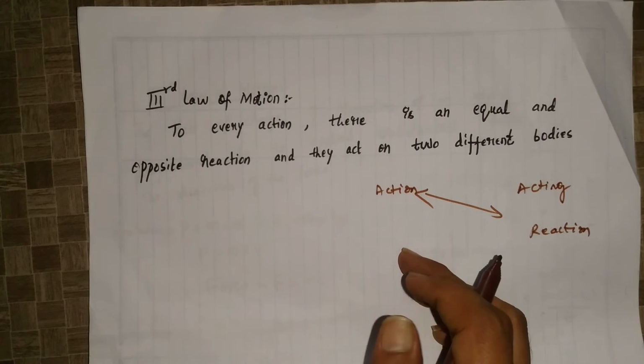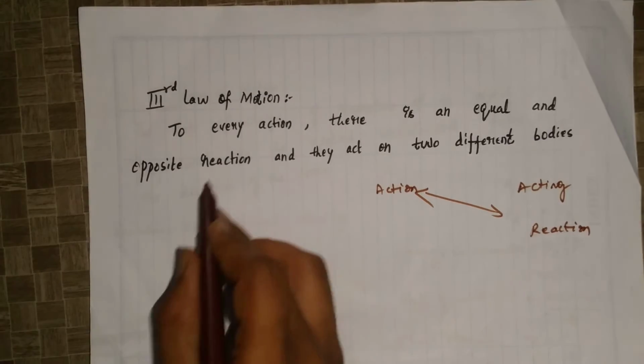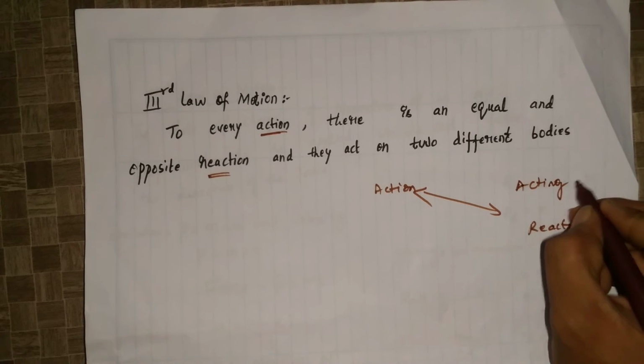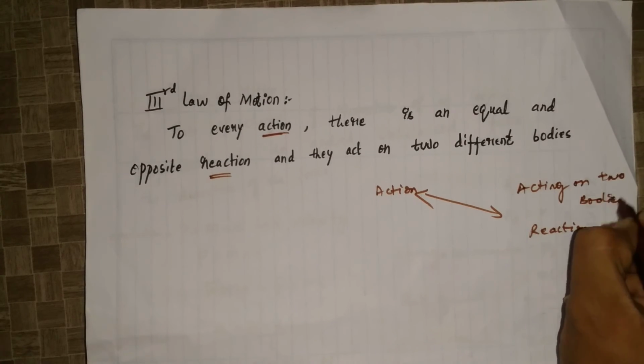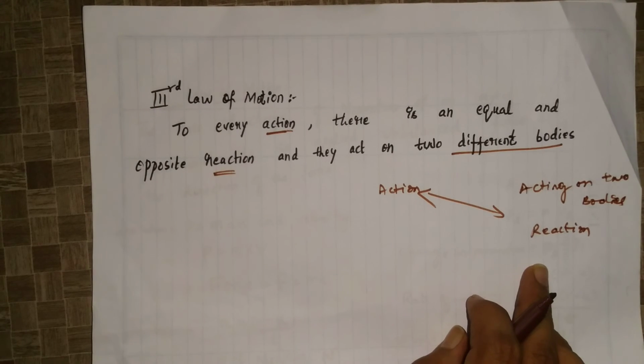This gives an alternate statement that for every action there is an equal and opposite reaction. Action and reaction act on two different bodies, and this is nothing but the third law of motion.